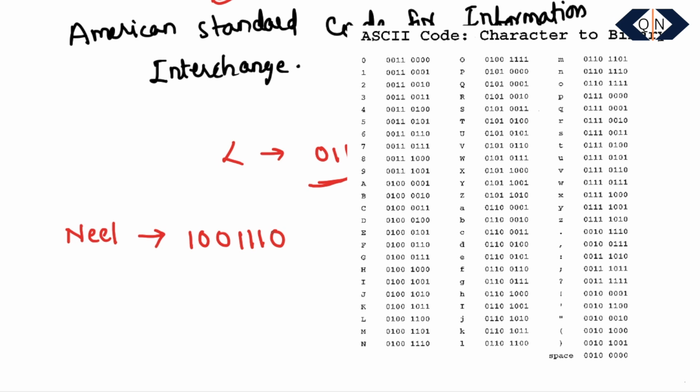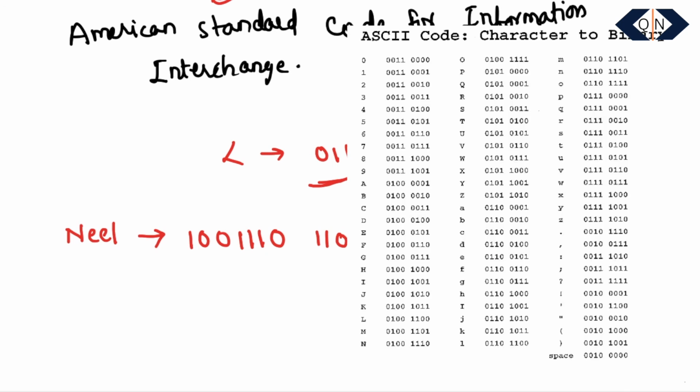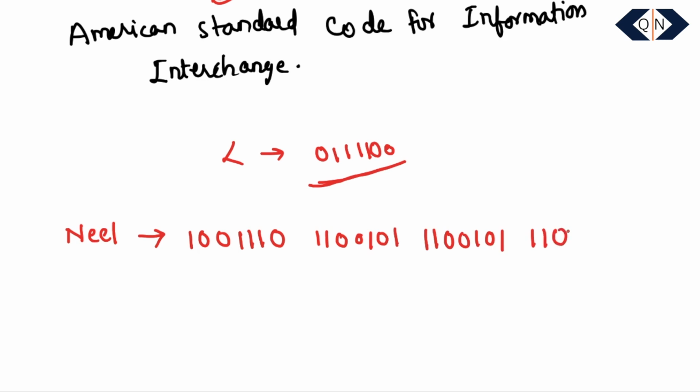What about small e? It is 1100101. So there are two e's, so I will write 1100101 twice, and for L it is 1101100.